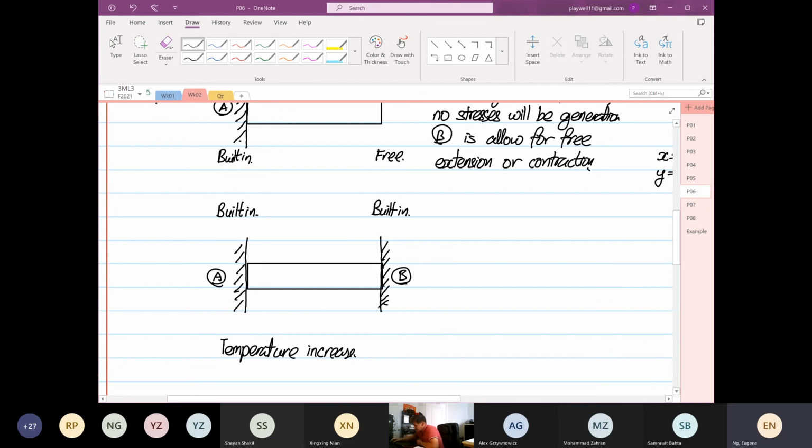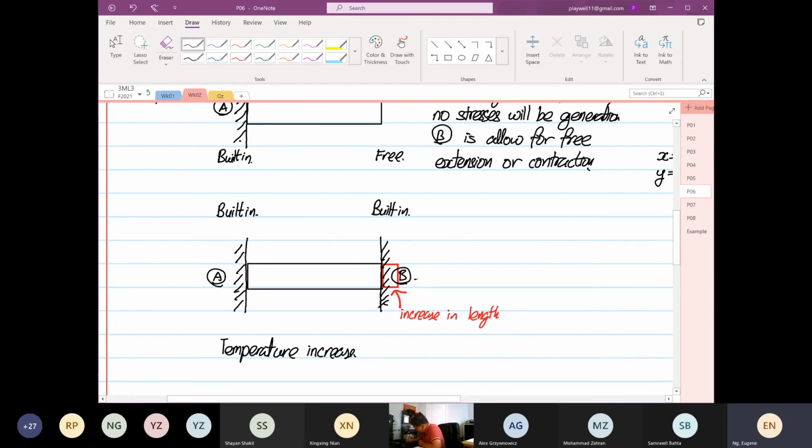we know that the structure wants to deform outwards. Temperature change, it wants to go outwards. Yes or no? Right. So this is an increase in length. But point B is there. You don't allow it to move.